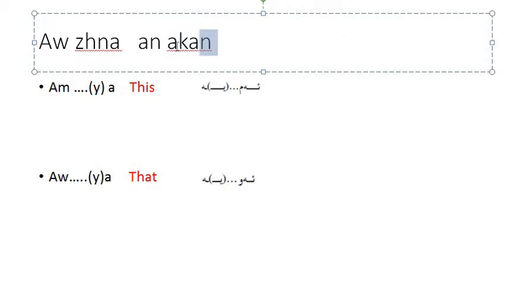This one came from aka plus an, and aka is the suffix for being indefinite, so when a noun is indefinite, and n is the plural suffix. So we say jnana, which means those women, and amjnana means these women.